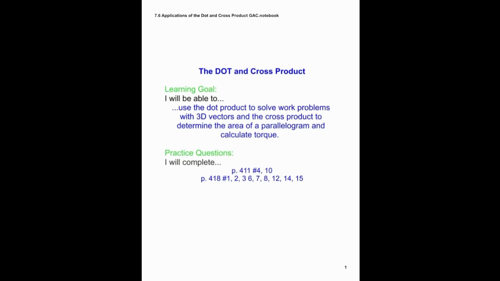So our goal today is to learn how to take these mathematical tools, the dot product and the cross product, and apply them to solve problems. We're going to analyze motion in the world of torque and model some real world situations. So let's get started by looking at an example and thinking about something we may already know.